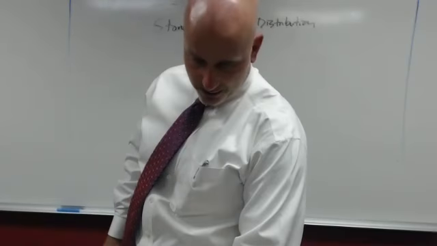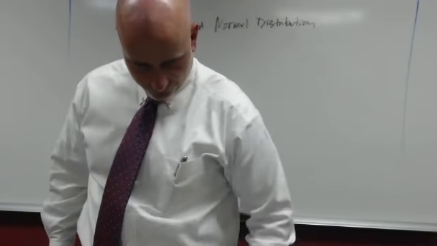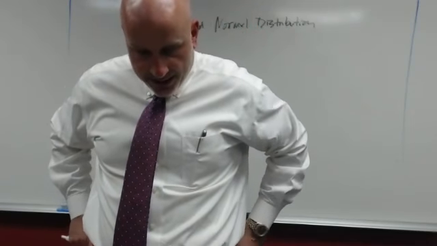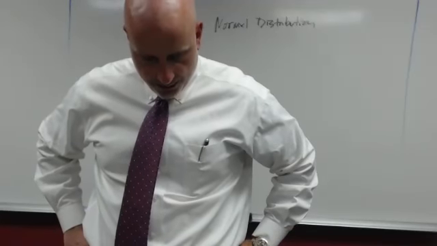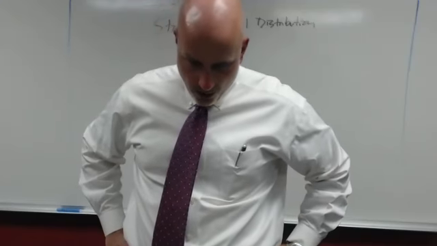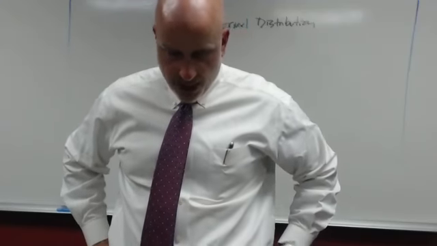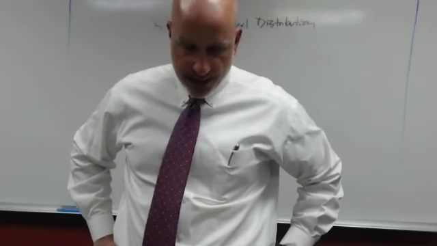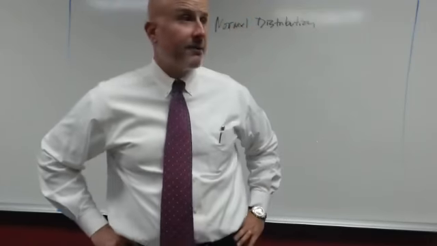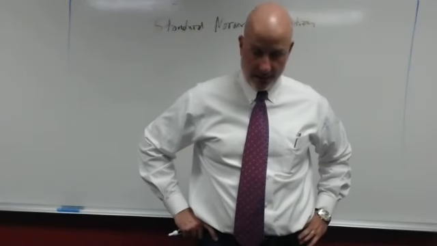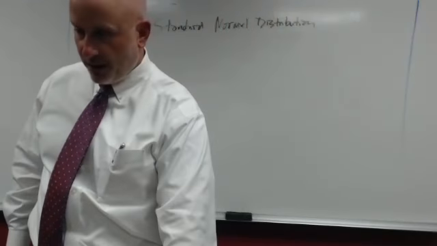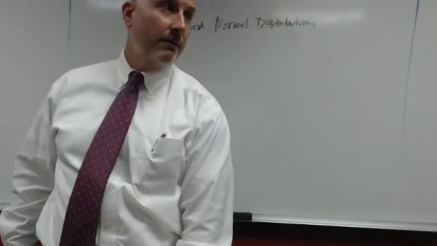What are we told? We need to convert this into a standard normal probability distribution. By doing this, we are going to be subtracting the mean from each observation and dividing the difference by the standard deviation. We are going to use something called the Z value.